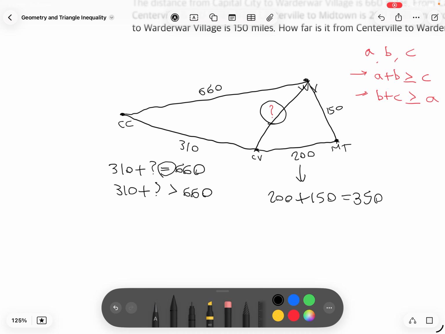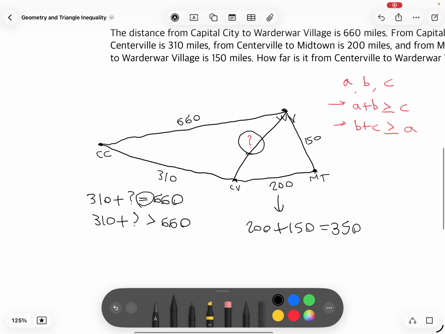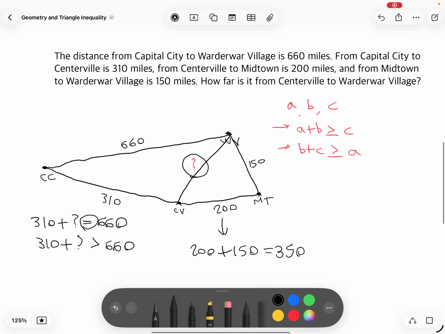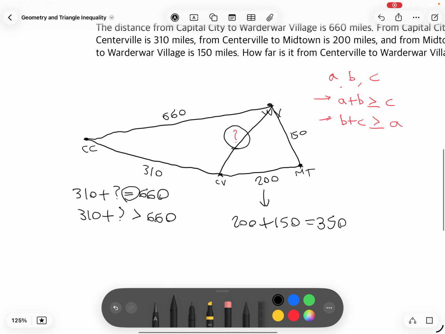That would not satisfy the triangle inequality, because we have 400 here, and 310 plus 660, it would not satisfy the inequality. So we know that the desired length from Centerville to Waterworth Village must be 350.